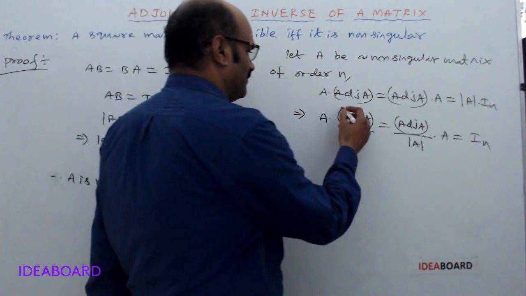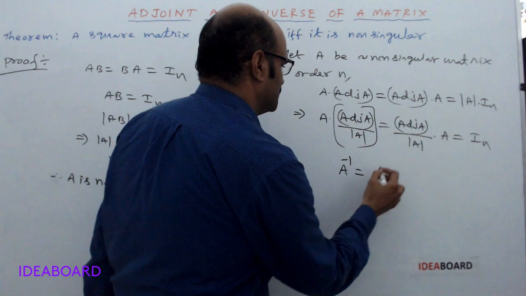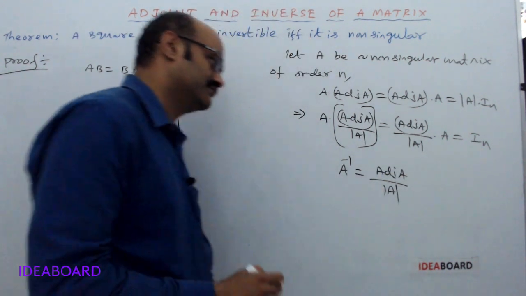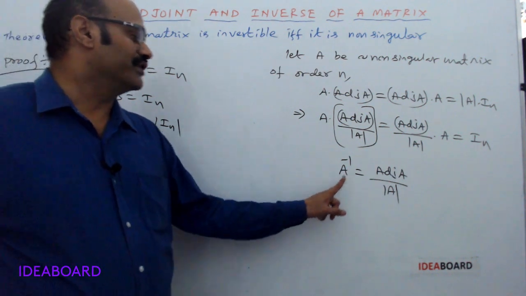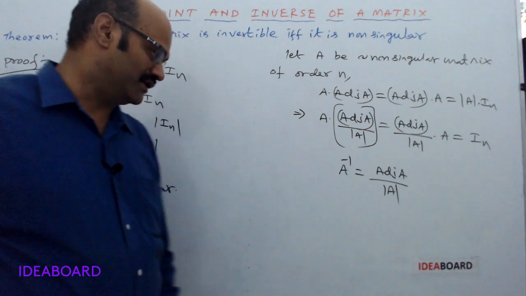So it implies, in the place of A inverse, we have A inverse equal to adjoint of A by det A. Therefore, we say that A is invertible.